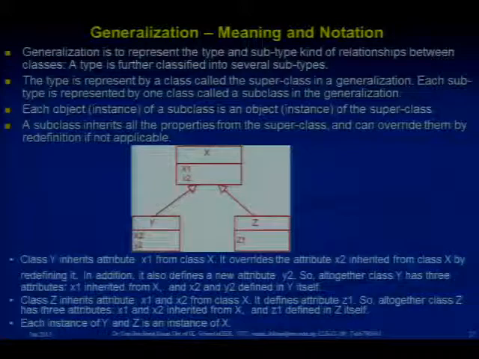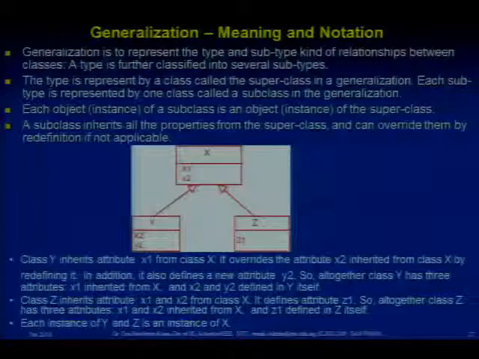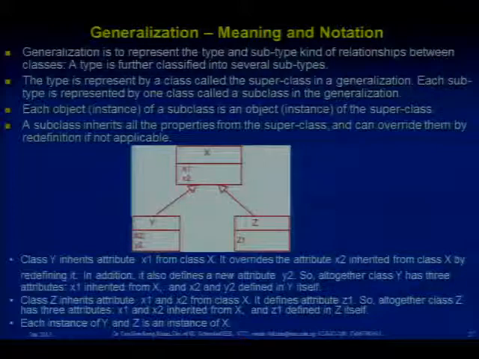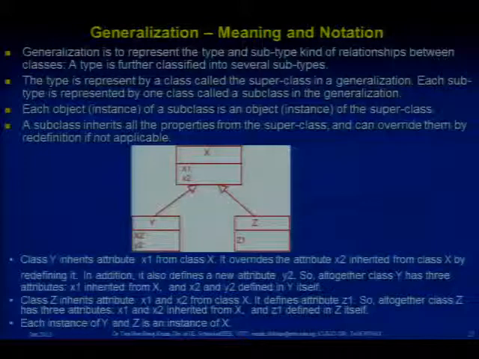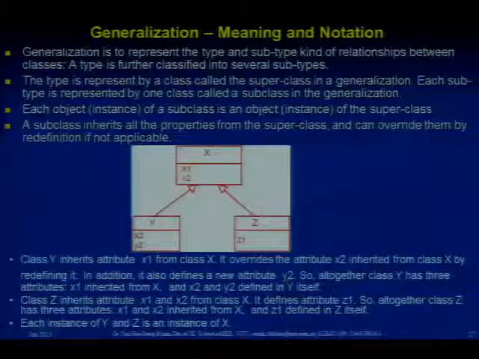The general type is represented by the superclass in the generalization. There's only one superclass in any generalization, and each subtype will be represented by a subclass. So a generalization can only have one superclass and may have many subclasses, depending on how many subtypes you have.